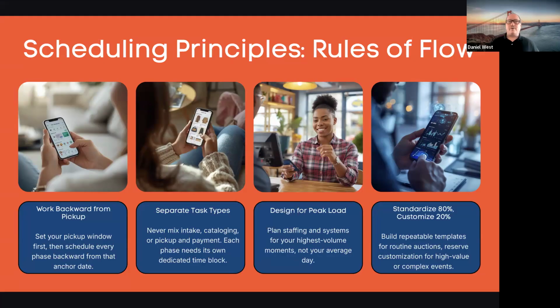The other thing is, one of the biggest problems I see with auctioneers is they try to do everything all at once. And that can get really messy. It leads to additional chaos. There's less control over the flow.